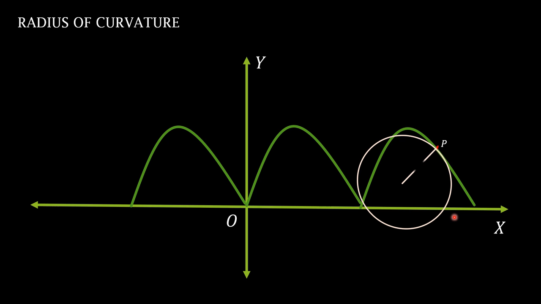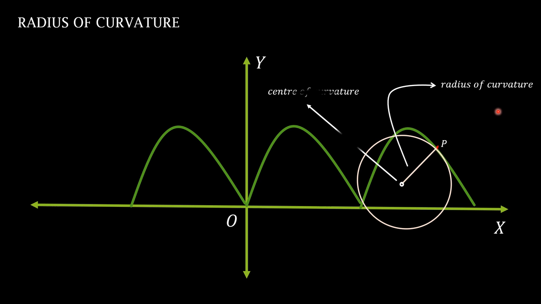The radius of the osculating circle is called the radius of curvature, and the reciprocal of the radius of curvature is nothing but the curvature itself. So to find the curvature at the point P, it is enough to find the radius of curvature at the point P and then take the reciprocal of it.